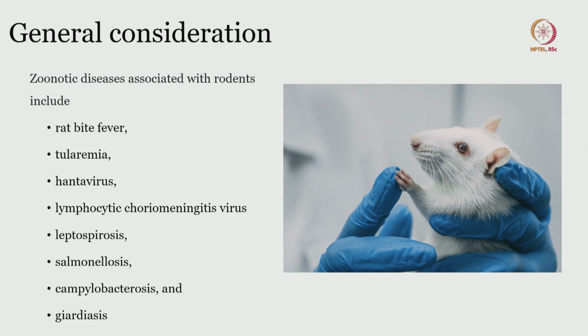Specifically, the diseases associated with rodents are those listed: rat bite fever, tularemia, hantavirus. There are a number of diseases that you will be prone to when you are handling rodents, so it's very important that you take utmost precautions while handling these animals.